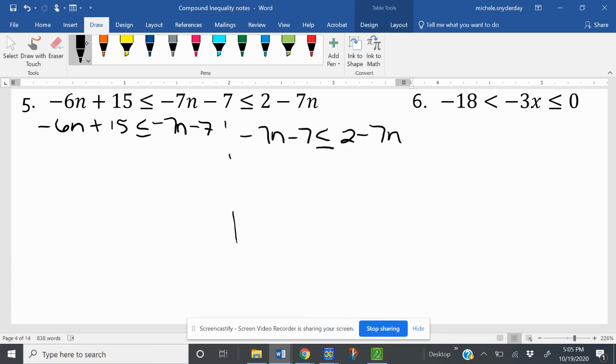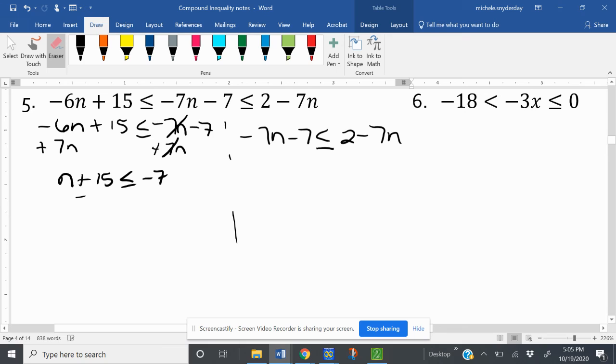All right, so we'll add 7n to both sides on the first one. Negative 6n plus 7n leaves us with 1 positive n plus 15 is less than or equal to, and the n's go away on the right, and we're left with negative 7.